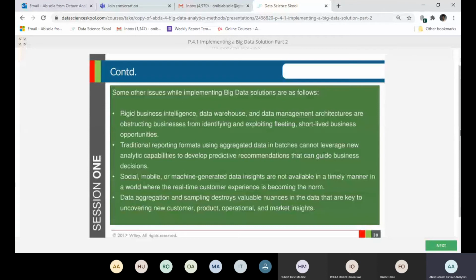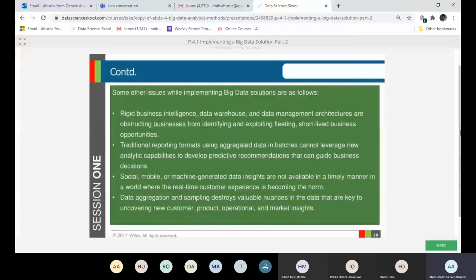And then another thing is data aggregation and sampling destroys valuable nuances in the data. Nuances are things that naturally occur. Maybe in your data you have some differences that are not supposed to be there, some weird looking data or some outliers.